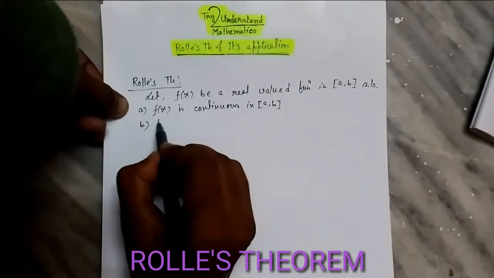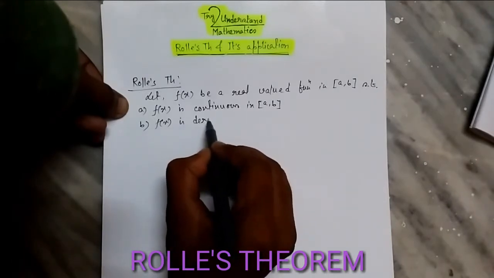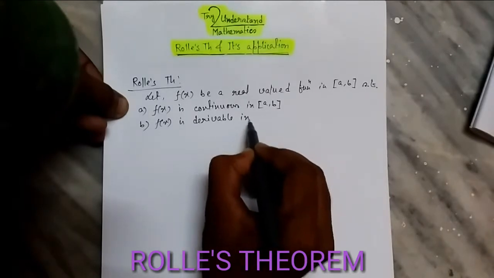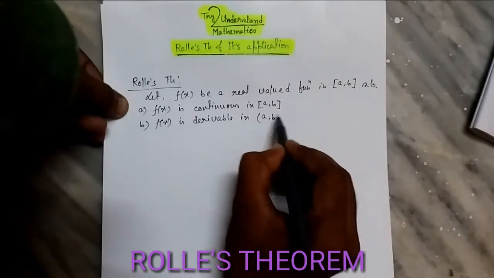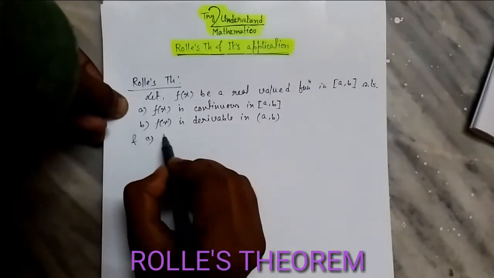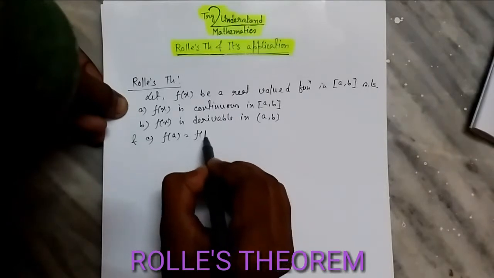The second condition is f of x is derivable in the open interval ab. And the third and last condition is f of a equal to f of b.